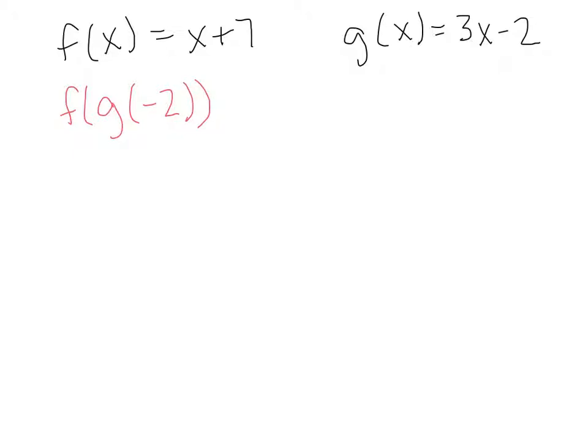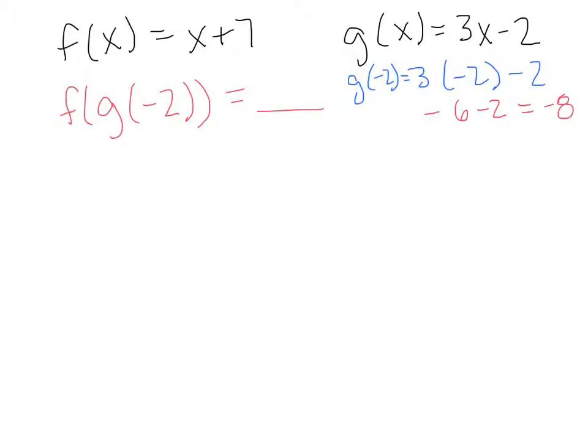Now we know the inside, we know x, and we want to find what that equals. So we're going to go inside out. We're going to start with g of -2. That one's easy. We just plug in a -2 into the g function wherever we see x. Then you just do some evaluation. Okay, that's -6 minus 2, which is -8.